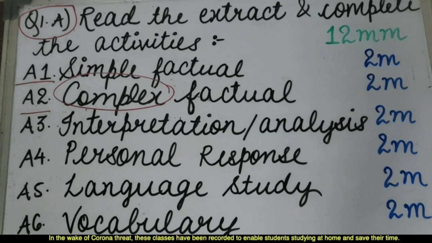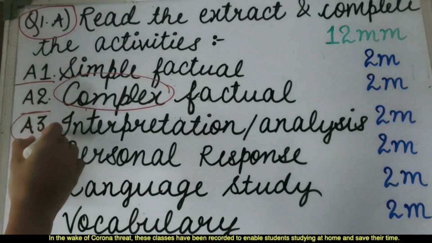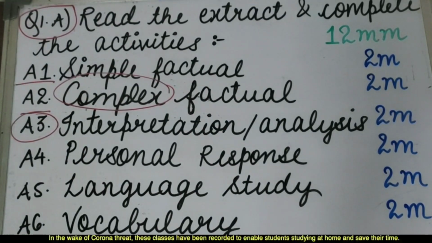एंड वन मोर थिंग विच इज वेरी इंपॉर्टेंट इज दैट सारे इसमें जो क्वेश्चन है A1 से लेके A6 तक ये हमें फेमिलियर है लेकिन एक ऐसा क्वेश्चन है इनमें से जो हमें फेमिलियर नहीं है और वो है क्वेश्चन नंबर A3. A3 हमें फेमिलियर क्यों नहीं है अब हम ये देखते हैं. A3 जो है इंटरप्रिटेशन और एनालिसिस है. फॉर एग्जाम्पल आपको एक सेंटेंस दिया हुआ है पैसेज में का और आपको उसको इंटरप्रेट करना है अपने वर्ड्स में. तो उसके लिए आपको एनालिसिस करना होता है. अब you have to critically analyze the sentence.